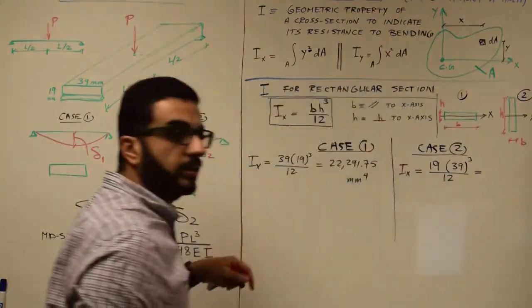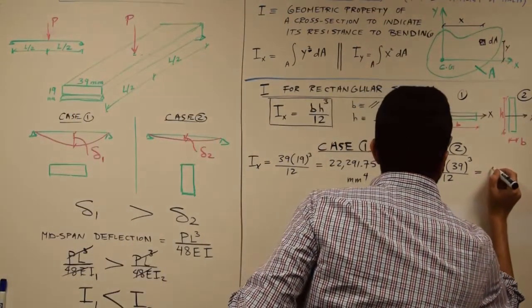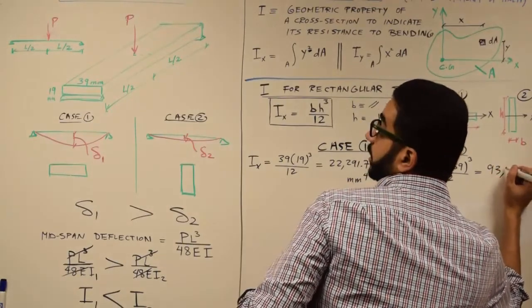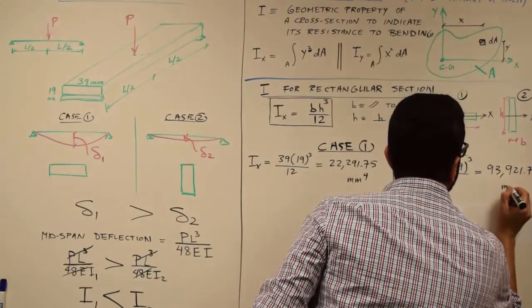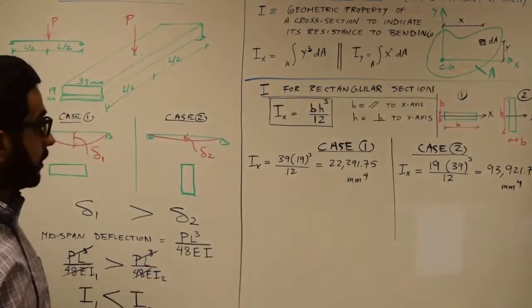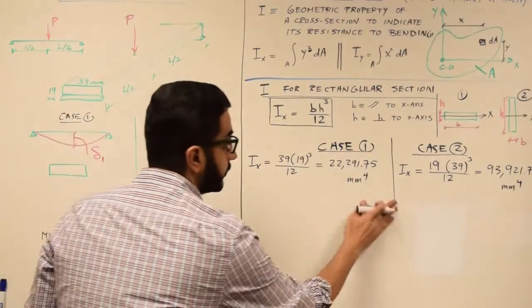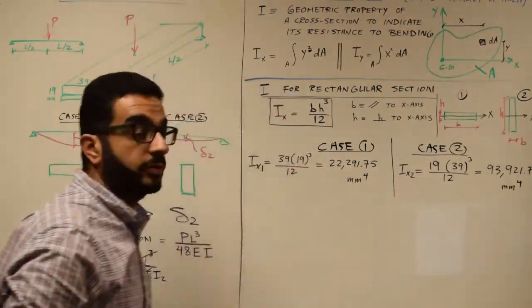That flipping causes a big jump in the Ix, which will turn out to be 93,921.75 millimeters to the power 4. So checking the values, that's correct. This is Ix1, this is Ix2 for case 1 and 2.